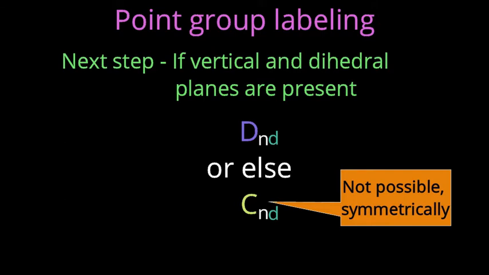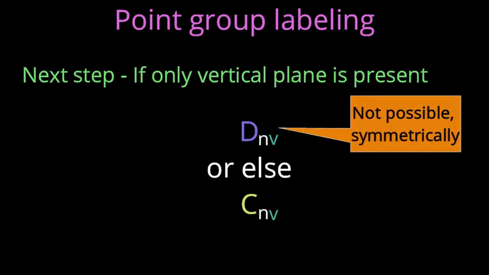For cyclic point group, existence of dihedral plane is not possible. It means Cnd is not possible from symmetrical point of view. But suppose dihedral plane is not there, horizontal plane also is not there, only vertical plane is there. No option, no choice, we need to represent it as v.